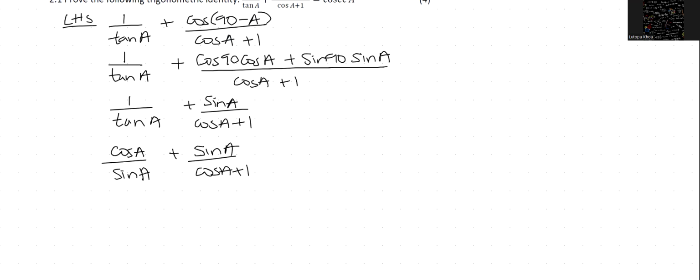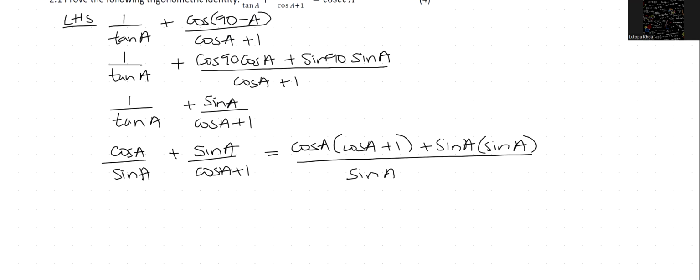Then if we add these two fractions together, cross multiply, cos A times (cos A plus 1) plus sine A times sine A, over sine A times (cos A plus 1).